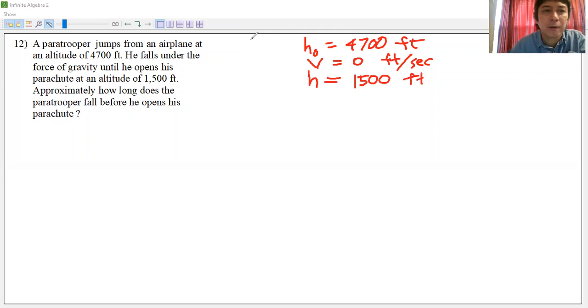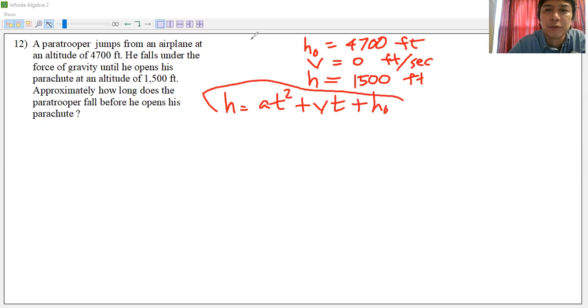Approximately how long does the paratrooper fall before he opens his parachute? Now, the acceleration here is, of course, negative 16. So we're back to h equals a t squared plus b times t plus h of 0. Still have to use this.